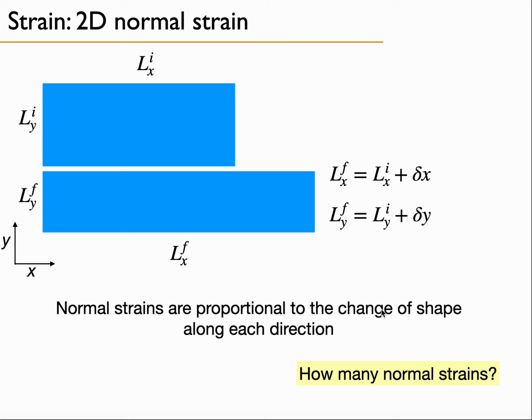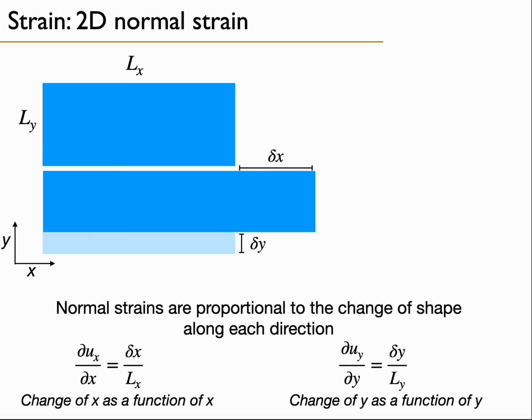They are proportional to the change of shape along each dimension. So how many normal strains would we have in 2 dimensions? There would be one strain along x and one strain along y. Let's formulate them. dux dx is delta x divided by Lx, the change of x as a function of x, and duy dy is delta y divided by Ly.